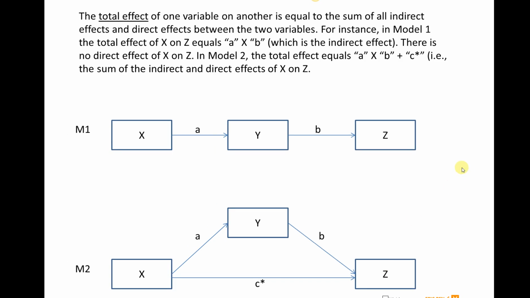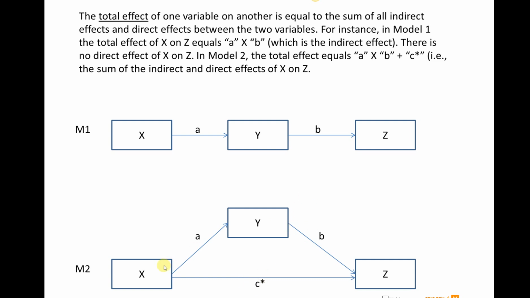So the total effect of one variable on another is basically equal to the sum of all indirect effects and direct effects within a model. For Model 1, the total effect of x on z is basically equal to the indirect effect of x on z, which is taking path coefficient A and multiplying it by path coefficient B. In Model 2, we have both an indirect effect of x on z, through the mediator y, and we also have a direct effect of x on z, which is the c star path.